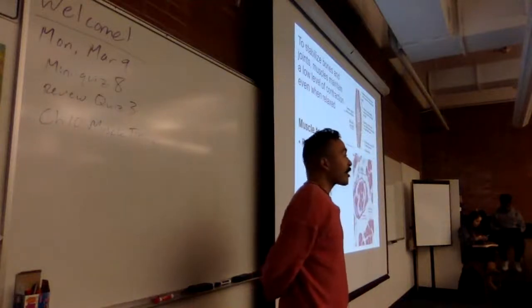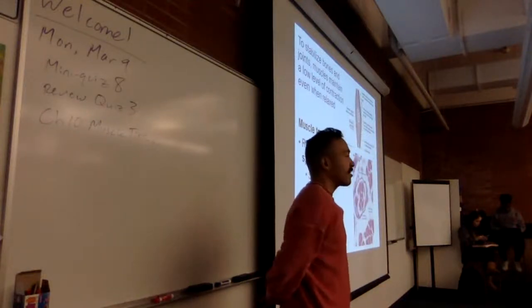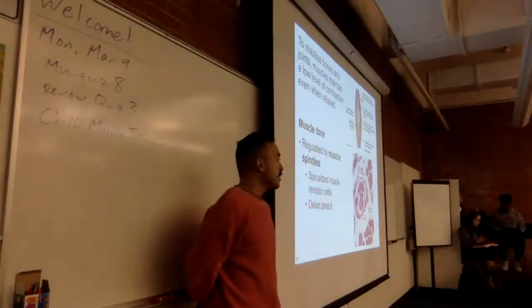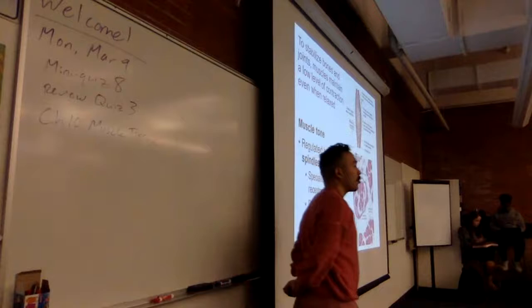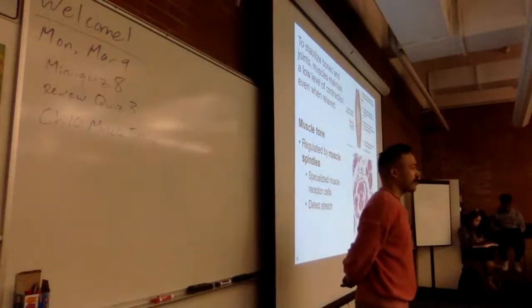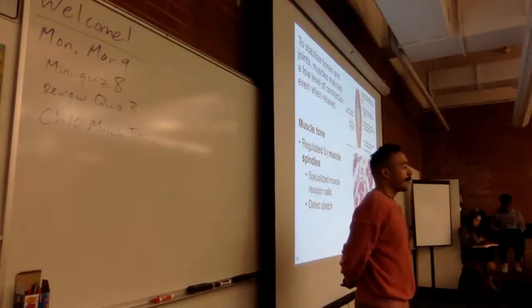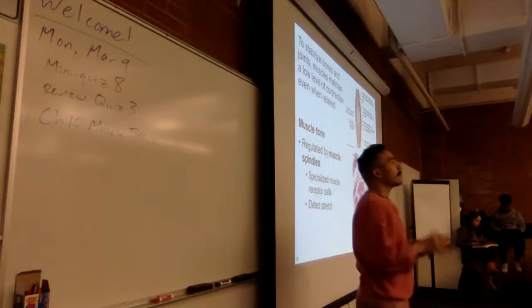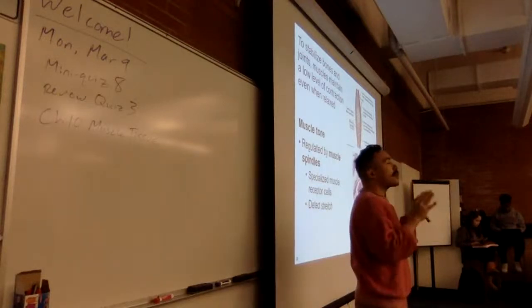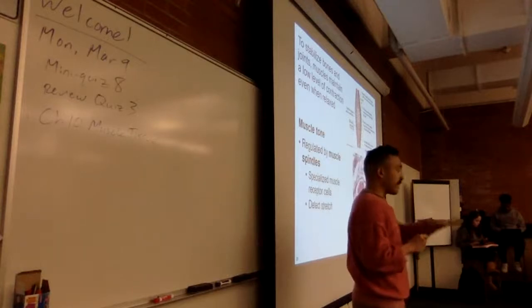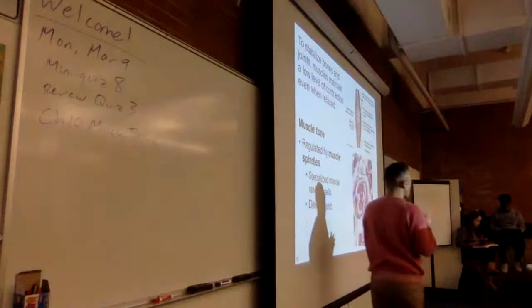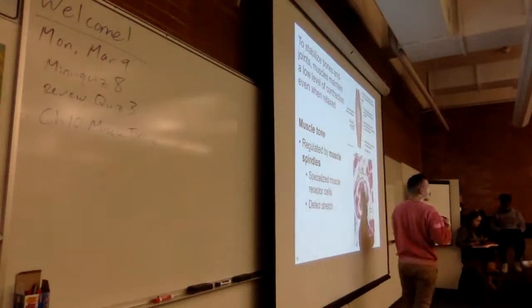For an even more complicated process that we're not going to get into, but you probably will in physiology, how do we know how to keep our muscles toned? In order to know how much contraction our muscles should have at a baseline, we need to know how stretched out our muscles are.